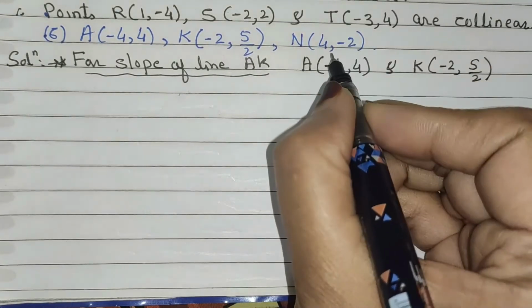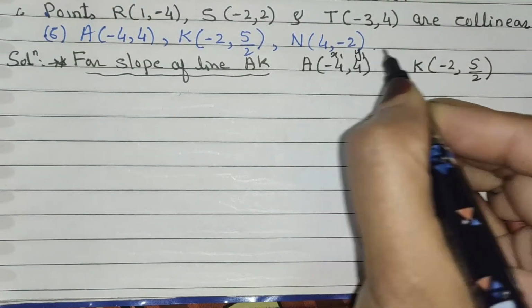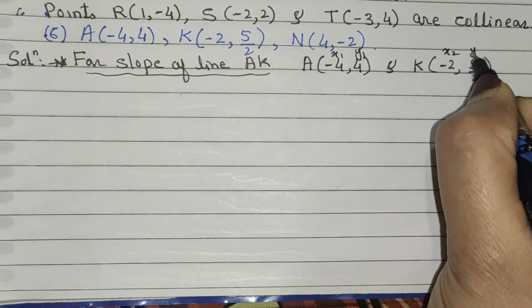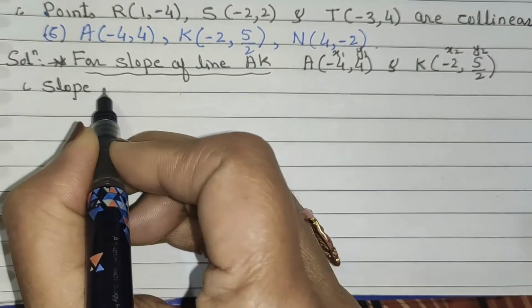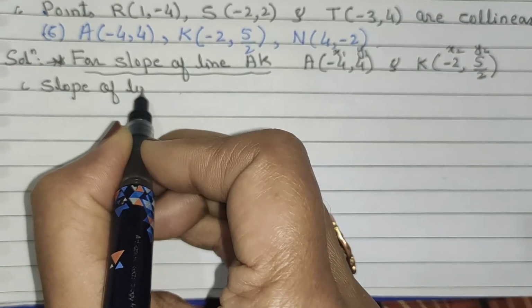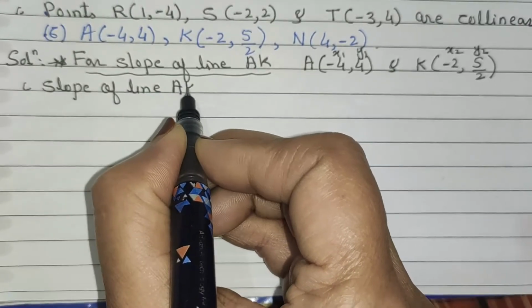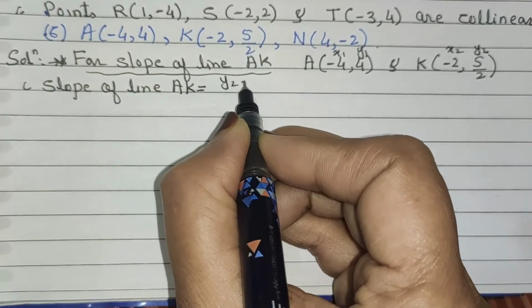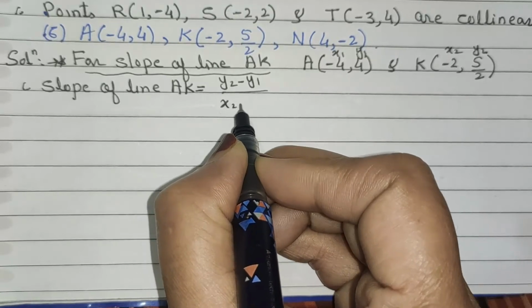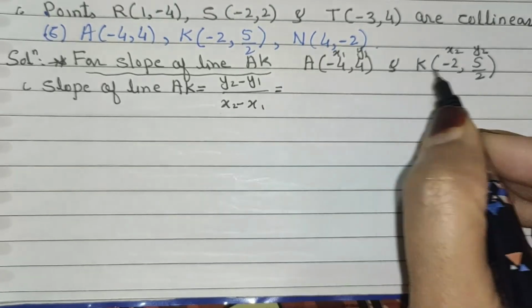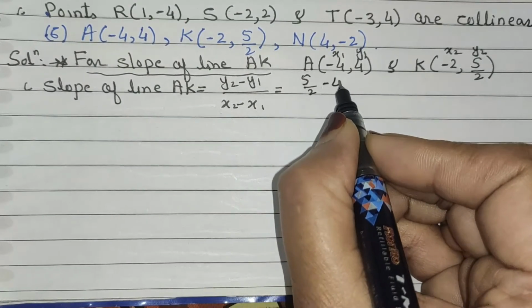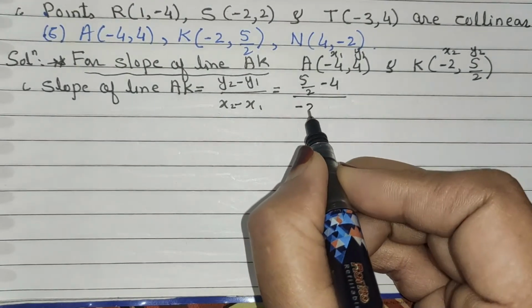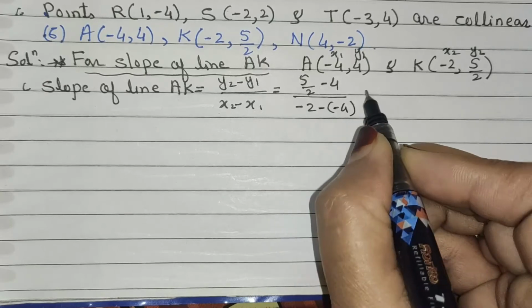Let us consider the coordinates are x1, y1 and here x2, y2. Therefore write down the formula, slope of line AK is equal to y2 minus y1 upon x2 minus x1. Substituting the values we get here 5 upon 2 minus 4 upon -2 minus of -4.